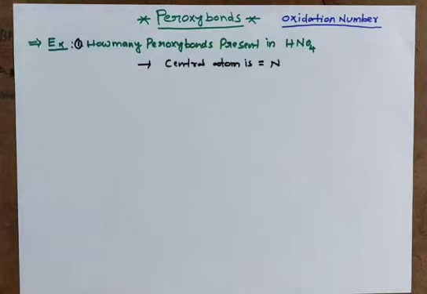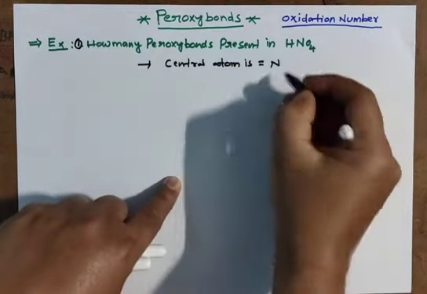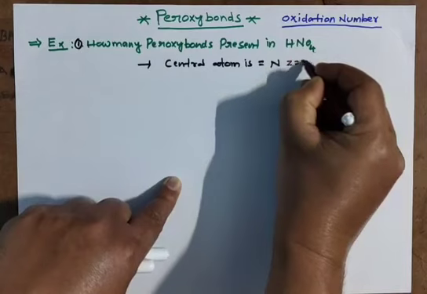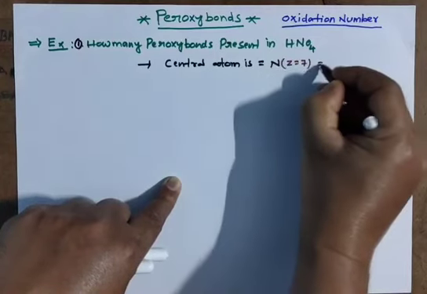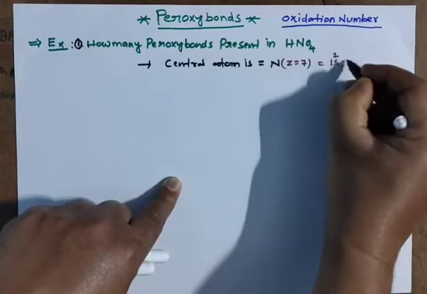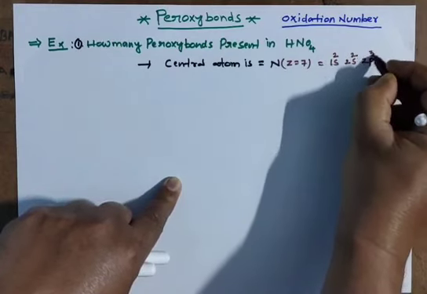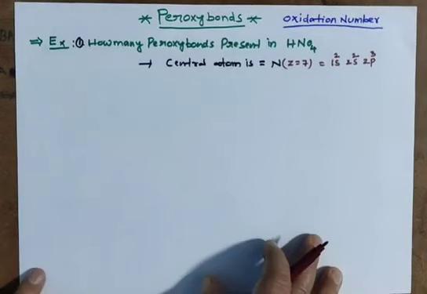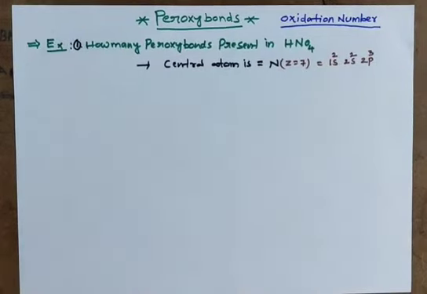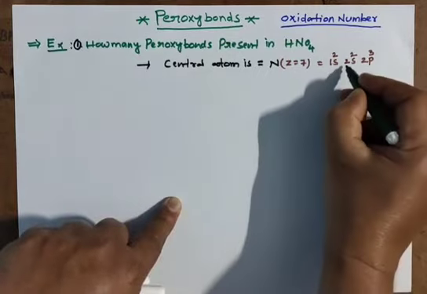Nitrogen has atomic number 7, configuration 1s2, 2s2, 2p3. Now you have to see how many electrons are present in the valence shell.